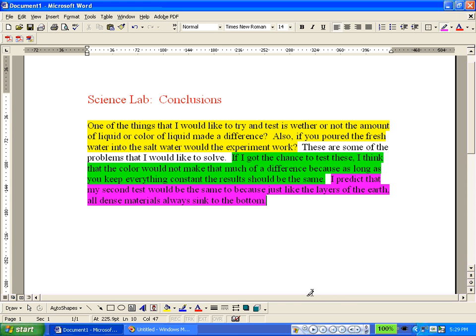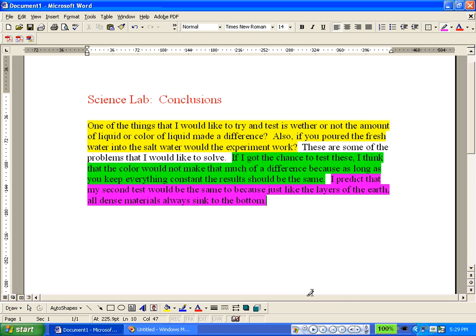The author also believes that pouring the fresh water into the salt water won't make a difference either. They believe that the salt water, because it's more dense, will still make its way to the bottom of the beaker. It's really important whenever you are explaining a question that you have, that you also give what you think the answer will be too. It's kind of like in math when you're trying to show your work.